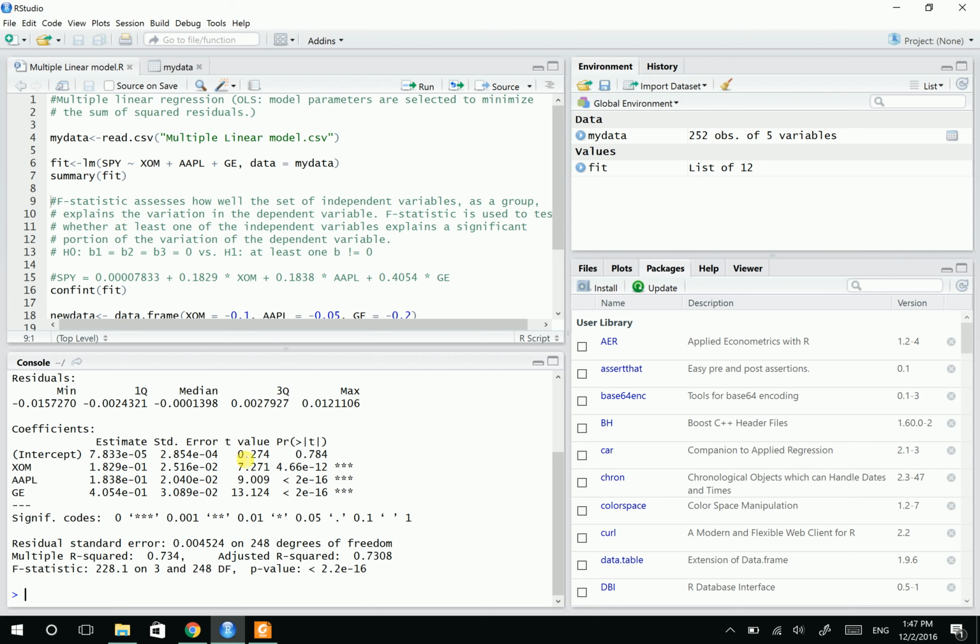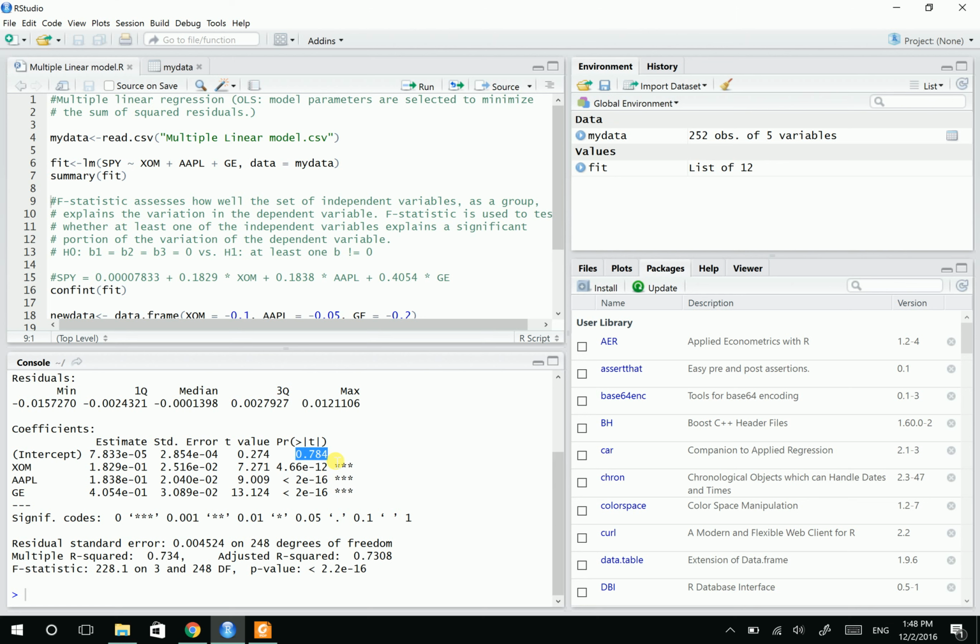So this means the t-value is going to be 0.274, and we're going to have a 78.4% chance to expect the number to be greater than the t-value.